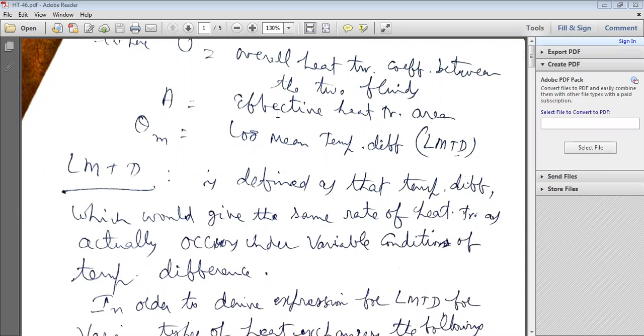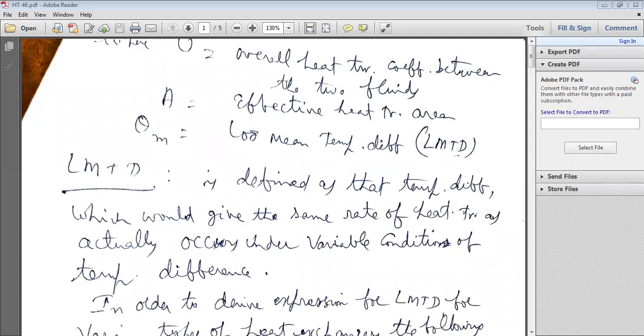And in the case of counter flow heat exchanger, just reverse. If the hot fluid is flowing in one direction, your cold fluid may flow in the opposite direction, and the temperature distribution, temperature variation also has been given for the counterflow heat exchanger.